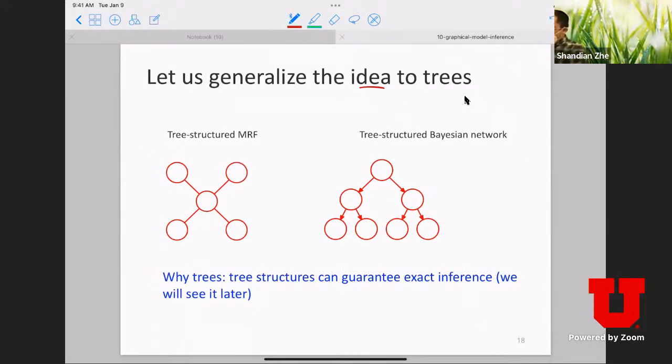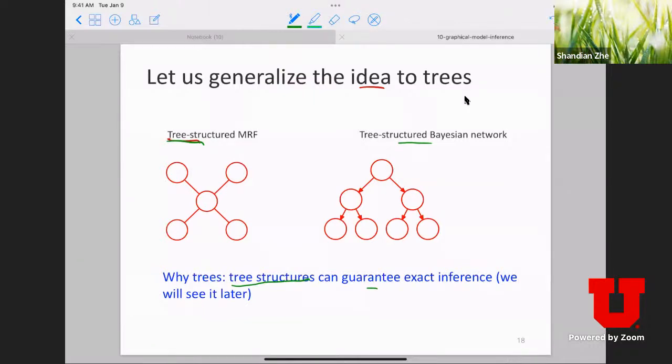Okay, here we just gave two examples: a tree-structured MRF and a tree-structured Bayesian network. So why do we emphasize trees? Because tree structures can guarantee exact inference. We'll see it later. But here I just want to stress the definition of trees.